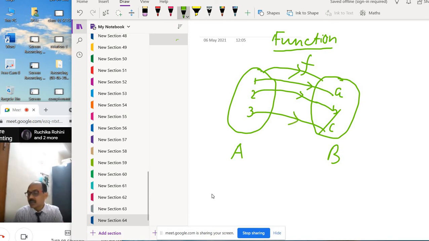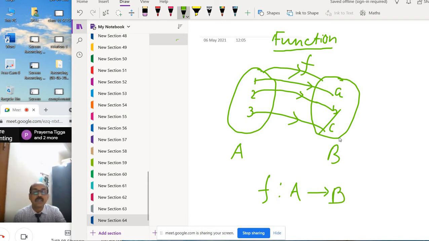Okay, so A and B are two non-empty sets. A function f defined from set A to set B is a correspondence which associates each element of set A to exactly one unique element of set B. So we write it as f such that A tends to B, that means from A set to B set.